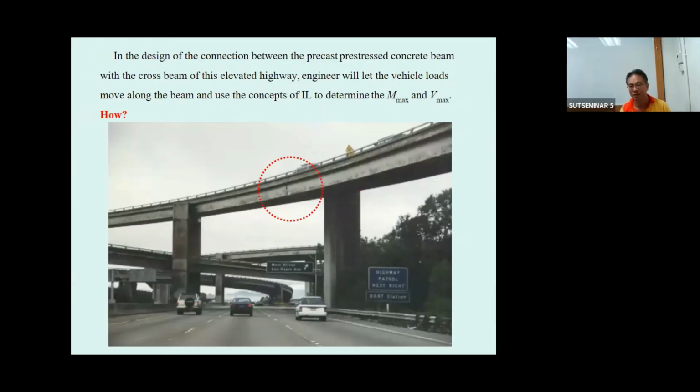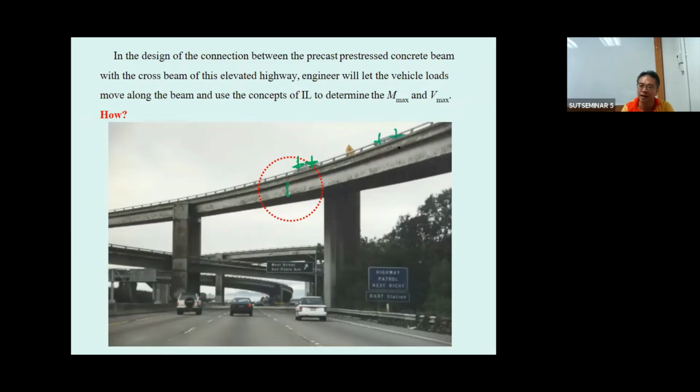Another example, this one I took from California. When I visited here, there is a joint between the structures. Again, you can see this is the vehicle.